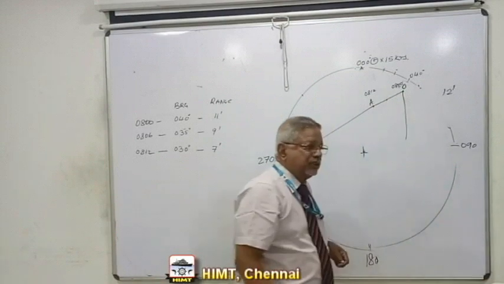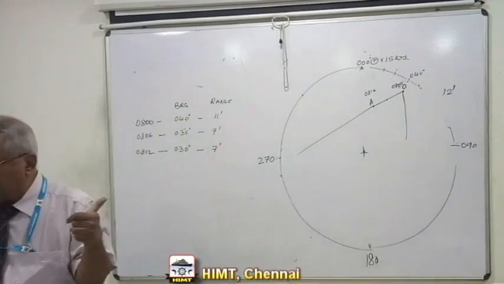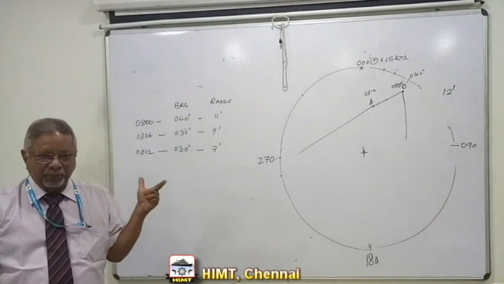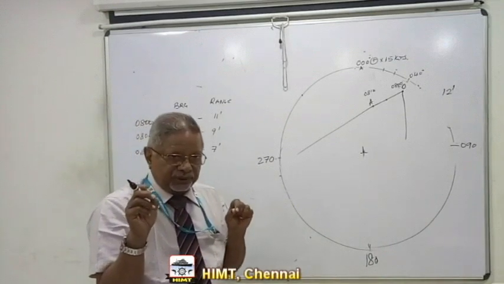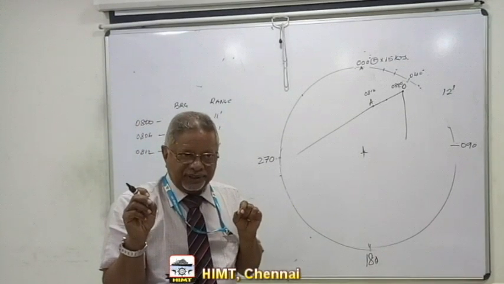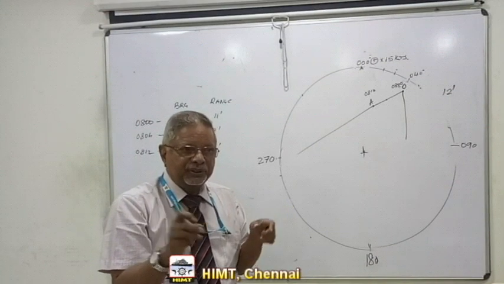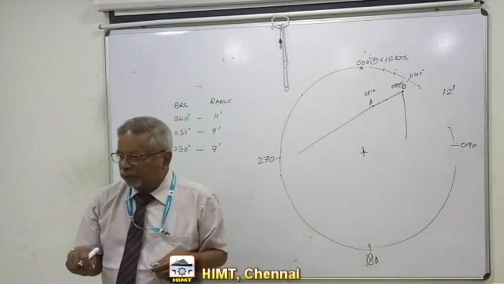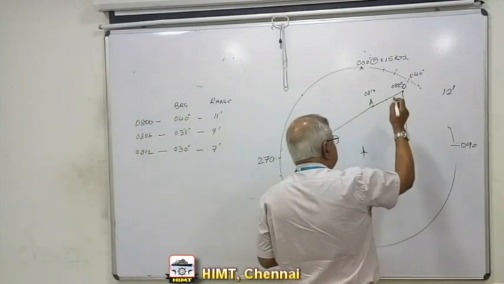And for this period of time, 0800 to 0812, the interval of time between the first and the last observed position is called the plotting interval. And that's very important because we always go back to the plotting interval. So the plotting interval is 12 minutes.